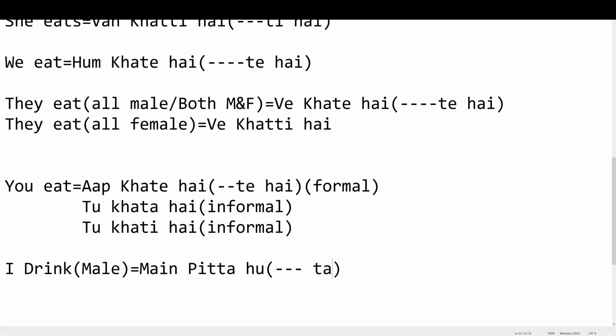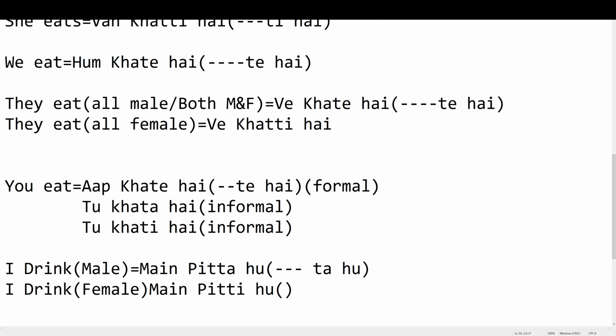Dash dash ता हूँ. If that first person is female, how will you say? मैं पीती हूँ. So always remember, as per gender, you need to change your verb. Like ता, ती, you need to add the suffix to the verb. ती हूँ. मैं पीती हूँ.